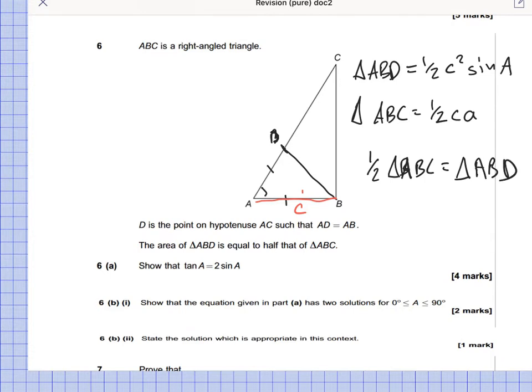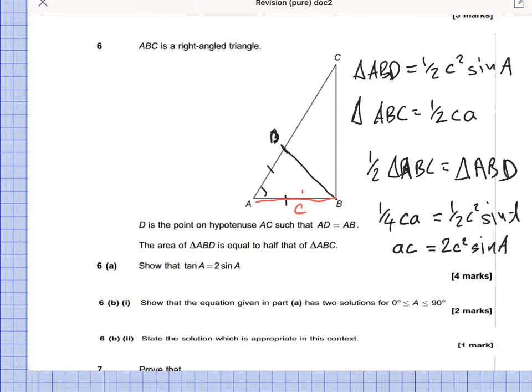And so, substituting in our numbers, we get a quarter of CA, or AC if you prefer, is equal to a half C squared sine A, which we can now take and say times both sides by 4. CA, or AC, equals 2 C squared sine A.